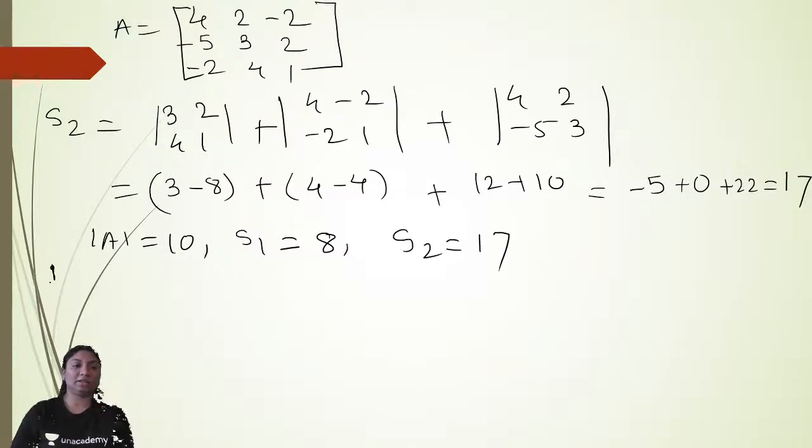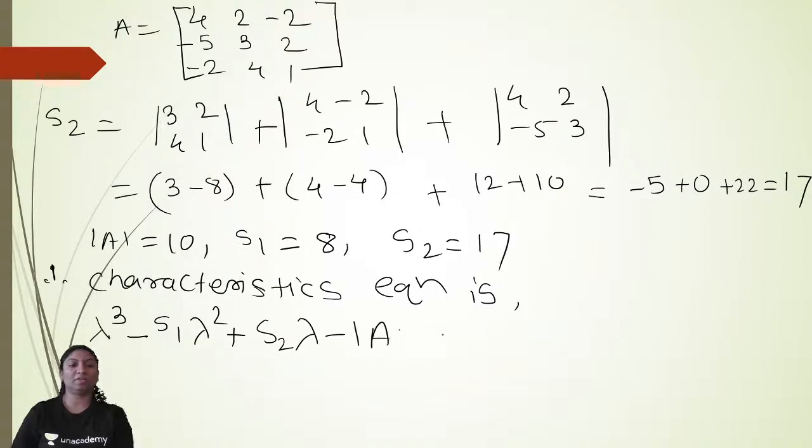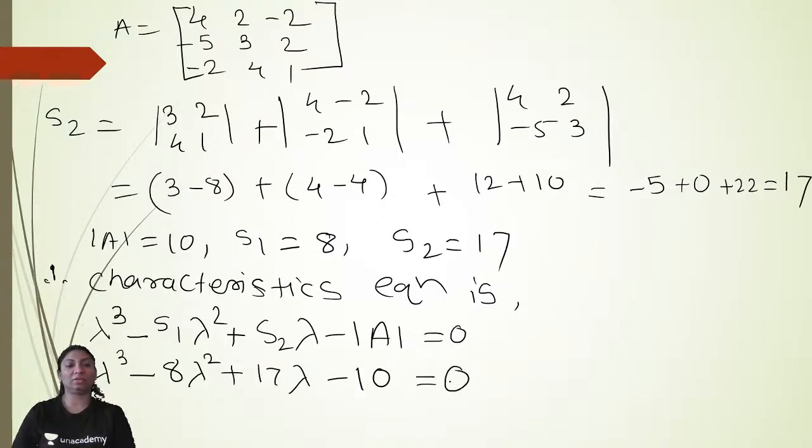So therefore the characteristic equation is lambda cube minus s1 lambda square plus s2 lambda minus determinant of A is equal to 0. So lambda cube minus 8 lambda square plus 17 lambda minus 10 is equal to 0.